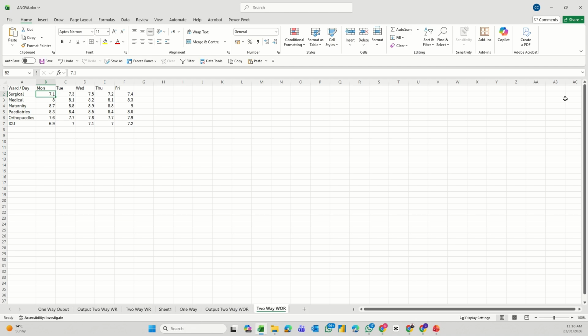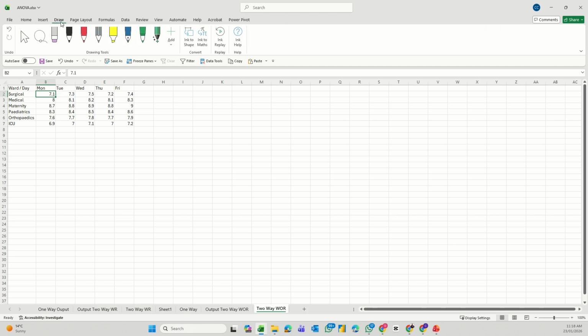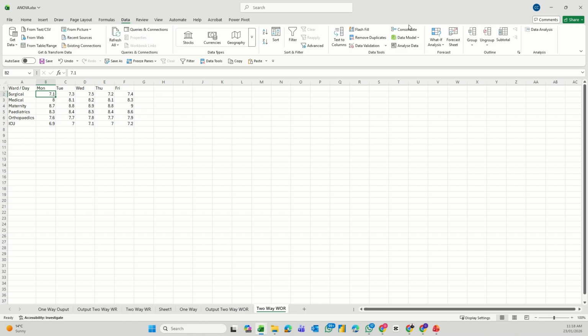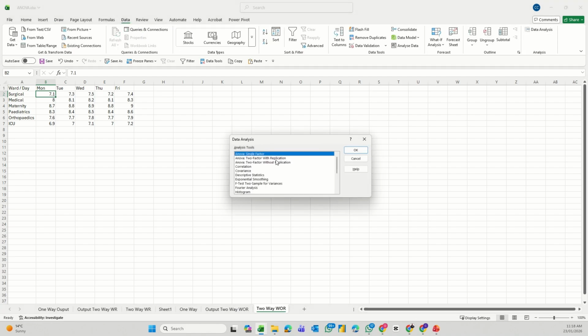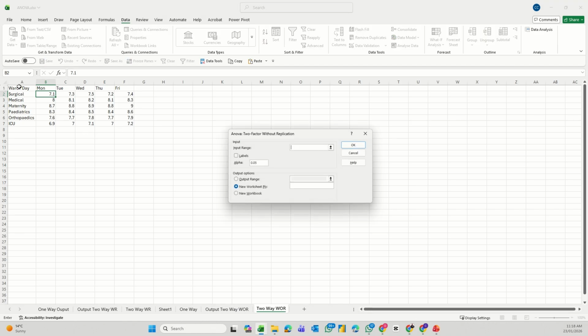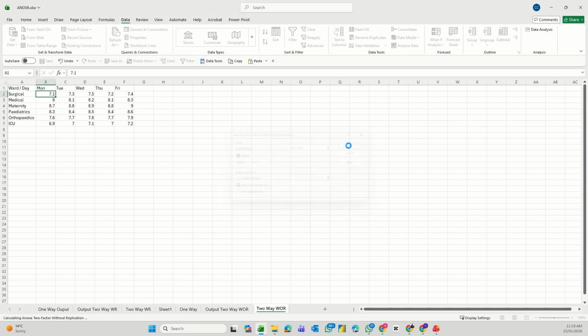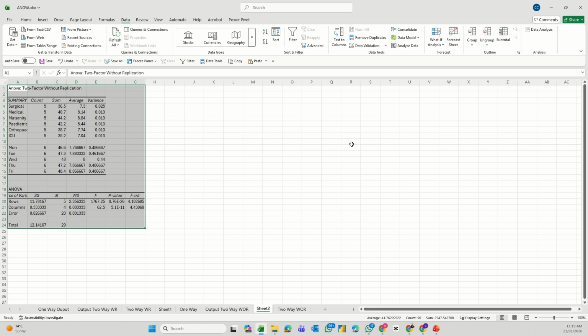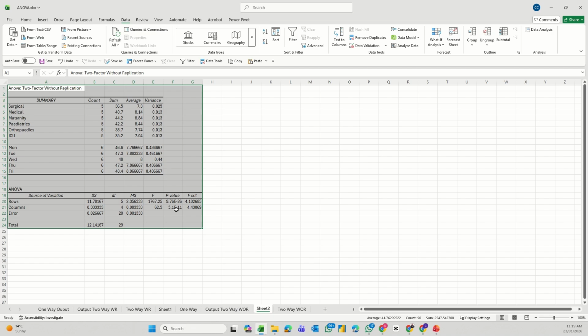You follow the same process like we did for the one-way ANOVA. This time, you choose without replication, you select your data, and you make sure to indicate that you have labels on your information. As simple as that. Now, I told you earlier to remember what rows and columns stand for.